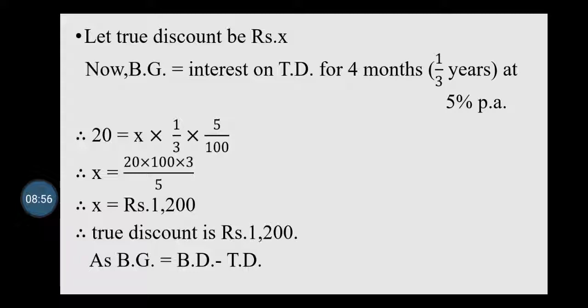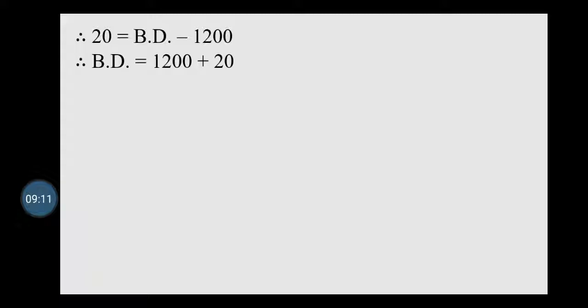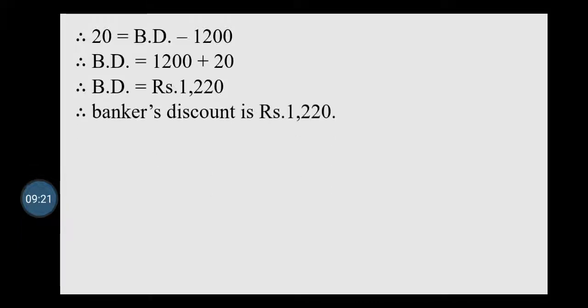Now we know that banker's gain equal to banker's discount minus true discount. So 20 equal to banker's discount minus 1200. So banker's discount becomes 1200 plus 20. That means banker's discount equal to rupees 1220.